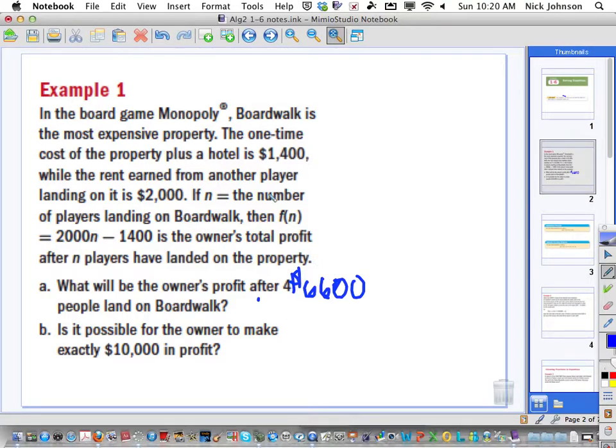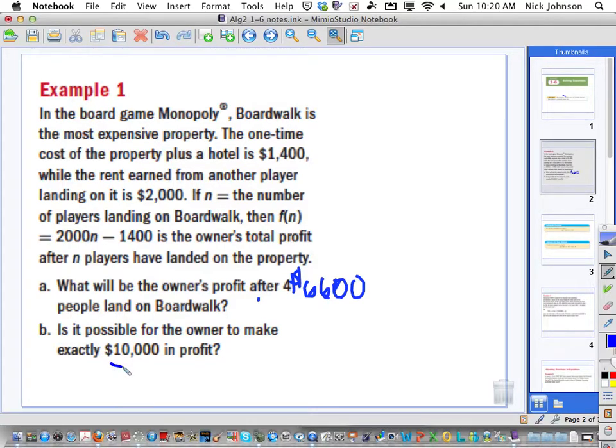Now, could you have taken 4 and put that in for n? Yes, it gives you 8,000 minus 1,400, which gives you 6,600. Yes, it works the same. Now, B says, is it possible for the owner to make exactly 10,000 in profit?